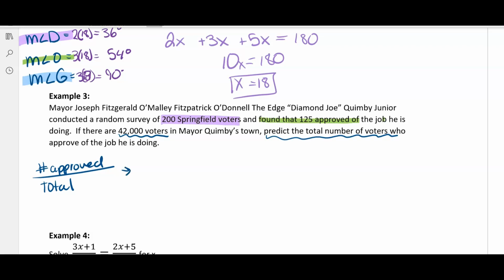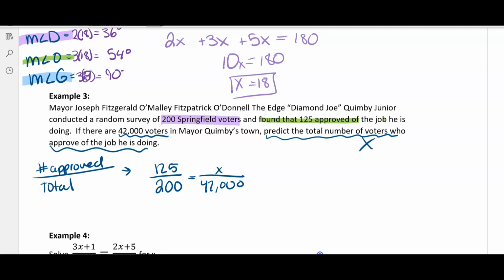So in total, for sure, we know that is 200 voters. 125 of them approved the job he was doing. We know we have 42,000 voters, but we don't know the number of voters who would approve the job he's doing, because this is what we're looking for. So this is going to be x. I'm going to put an x here.